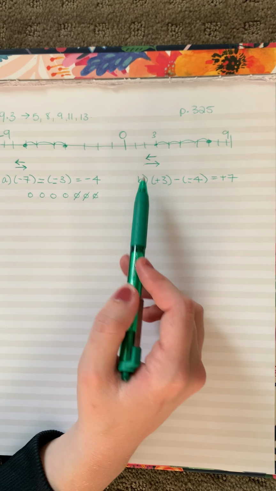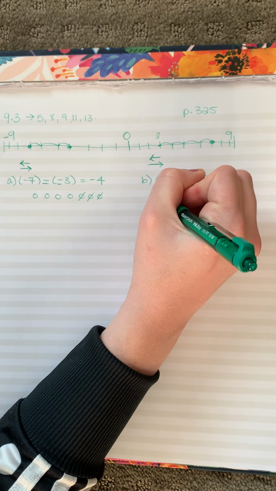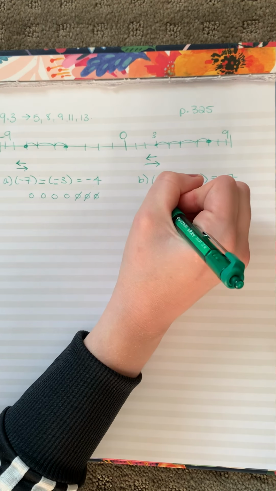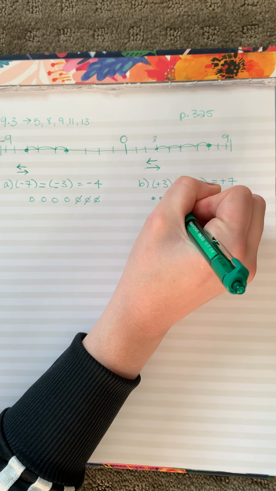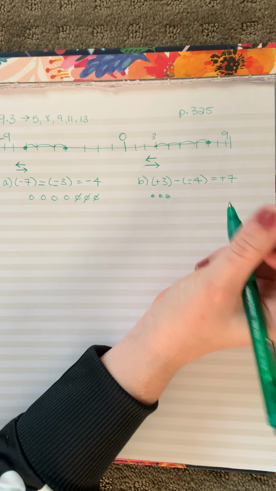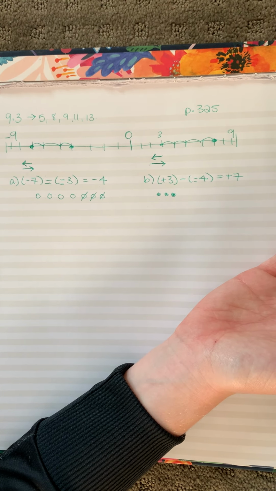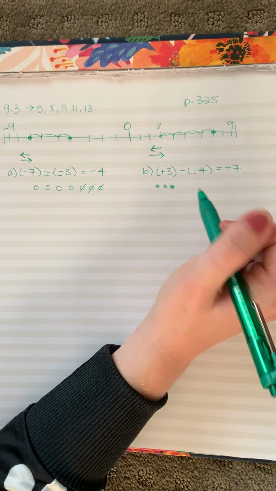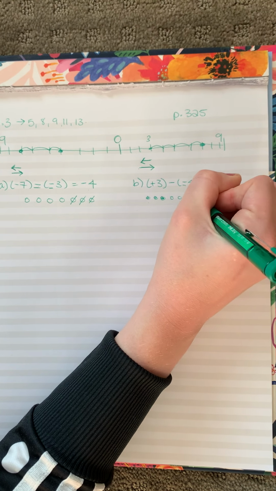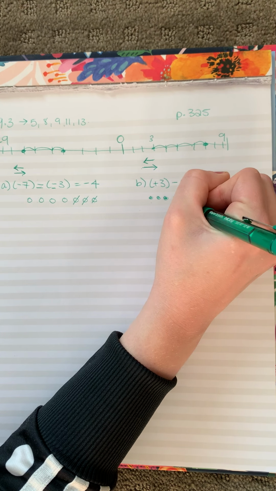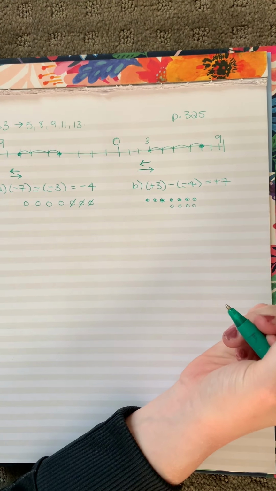Okay, so now I'm going to draw out my chips. I'm going to have 3 chips that are going to be positive, so I'm going to color them in. And then I want to take away negative 4 chips, but I don't have negative 4 chips in this picture. So I'm going to add 4 positive and 4 negative.